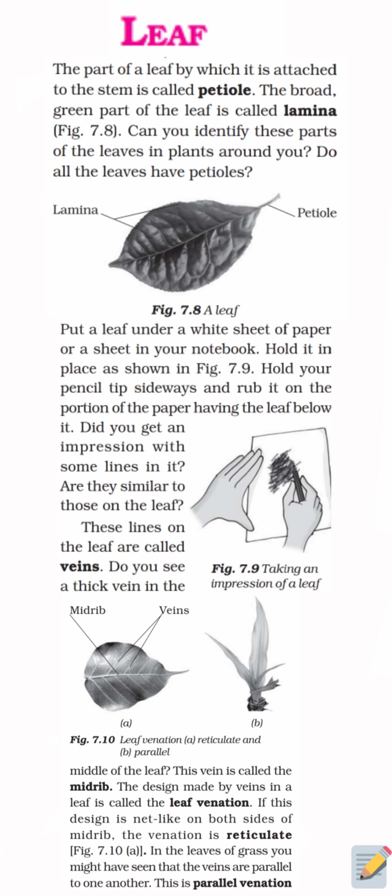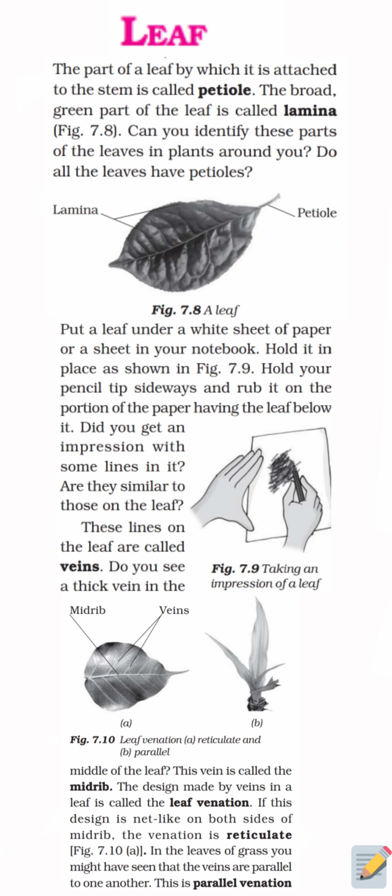Did you get an impression with some lines in it? Are they similar to those on the leaf? So these lines on the leaf are called veins. Do you see the thick vein in the middle of the leaf? This thick vein is called the midrib. The design made by veins in a leaf is called the leaf venation.